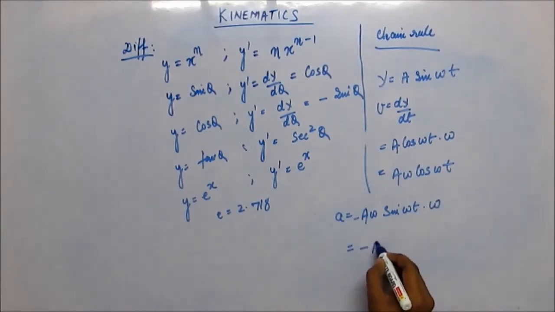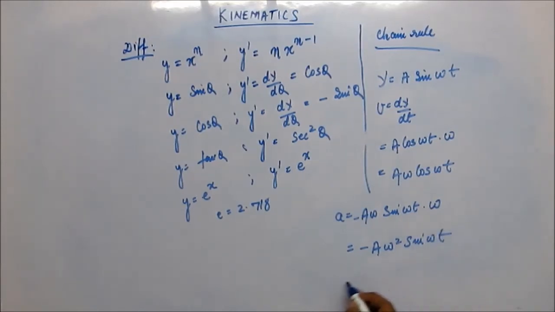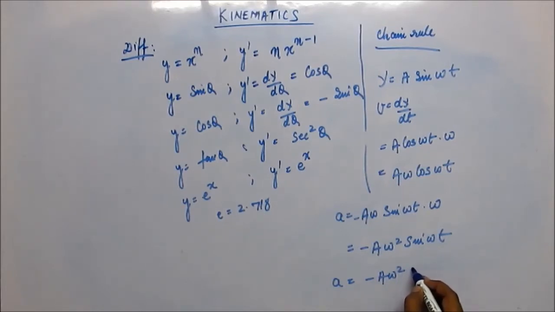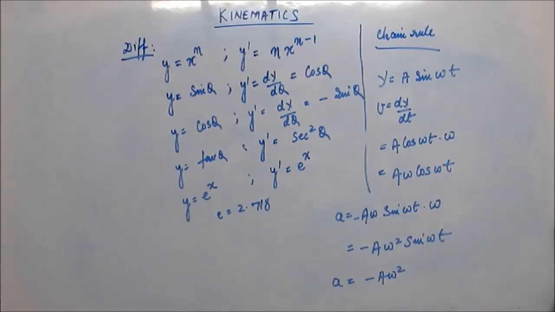So acceleration is minus a omega squared sine omega t, which you can write as minus omega squared into a sine omega t. a sine omega t was y. So you can actually write it very conveniently as minus omega square into y. This is actually the equation of SHM, which we will study later. But nevertheless, we did the differentiation and we can get this form.